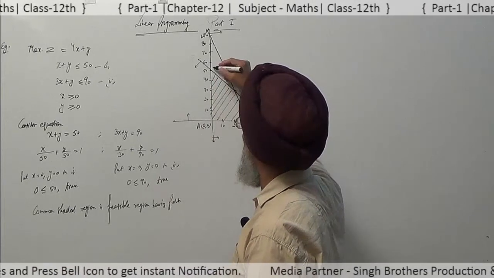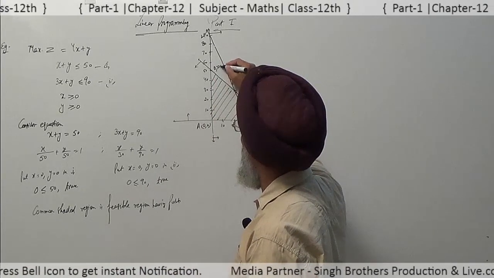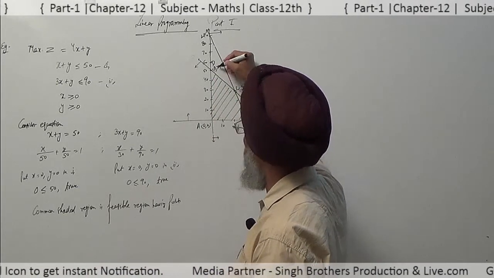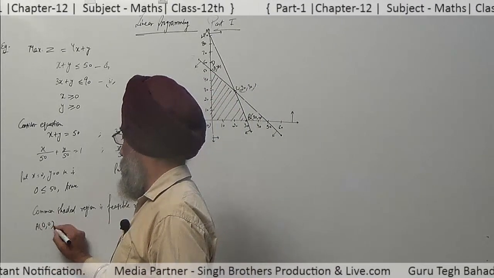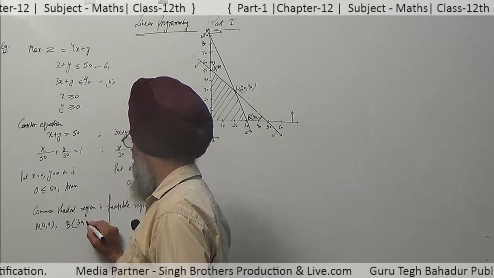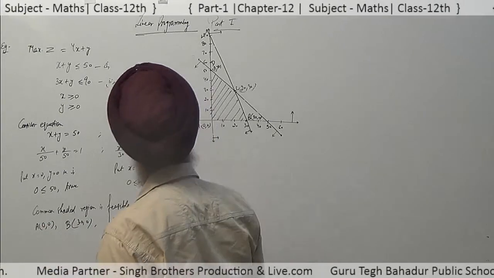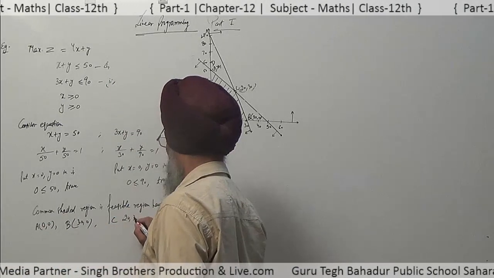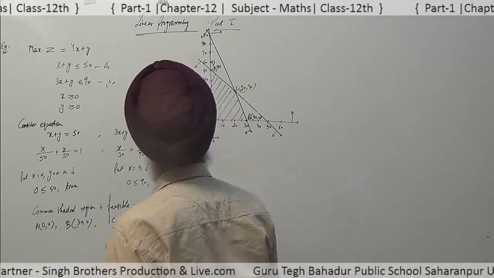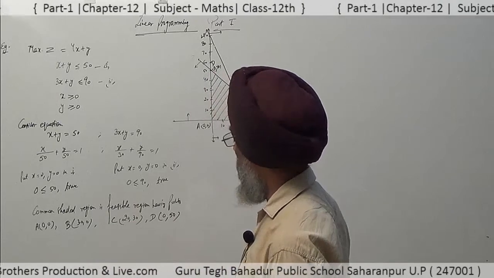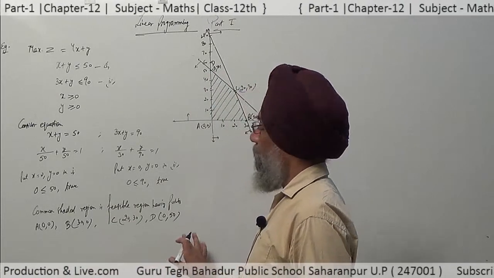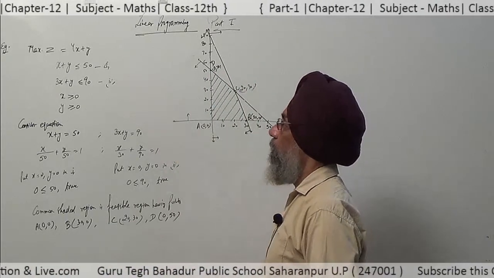Then it becomes (0, 50). So, we have A (0, 0), B (30, 0), C (20, 30), and D (0, 50). Now putting all these values of x and y in equation 1.